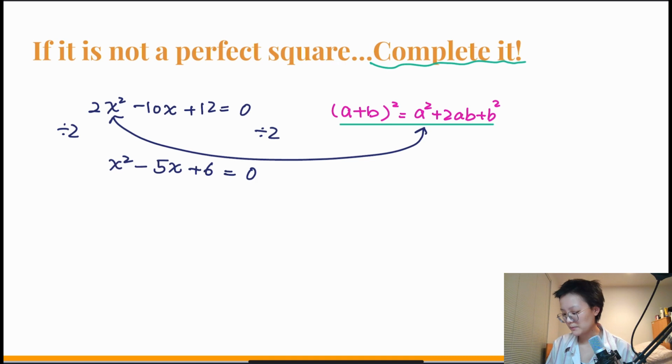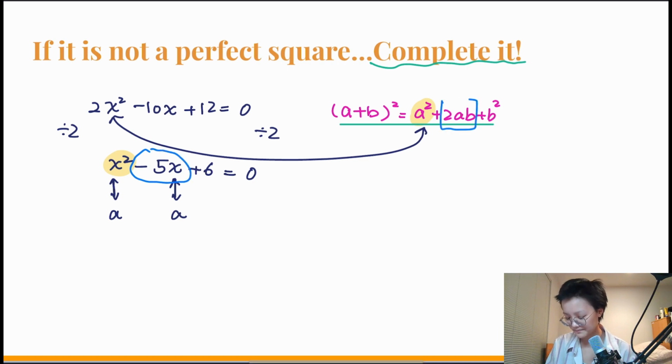This looks a little bit better because now we have x squared and a squared. They look pretty similar, so we can say in this equation, x corresponds to a. And that means the middle term here, minus 5x, corresponds to 2ab. Therefore, this minus 5x corresponds to 2b times x, and that makes the 2ab in the middle term.